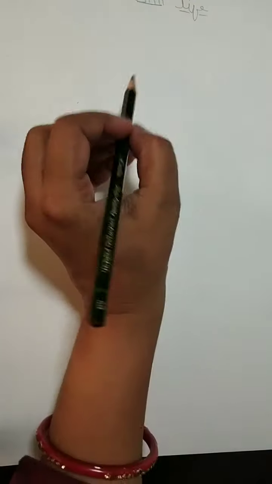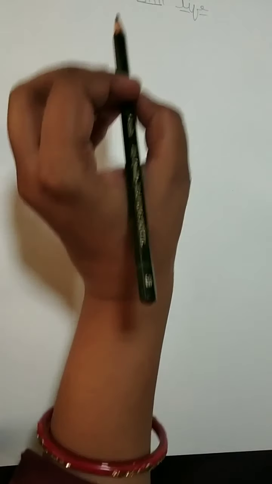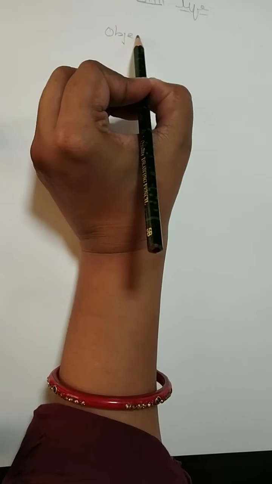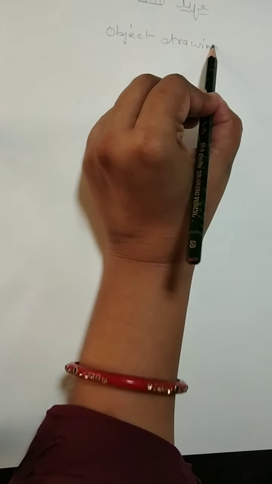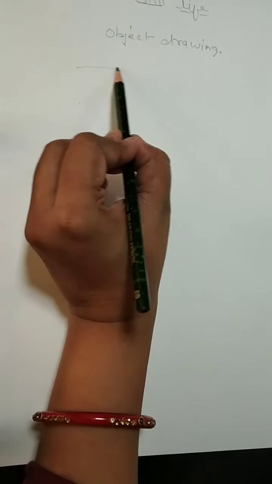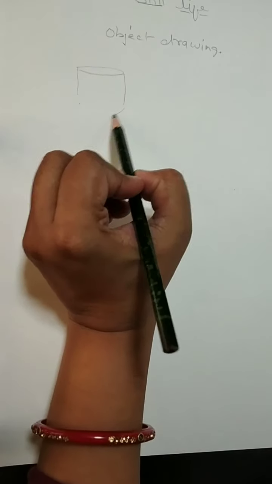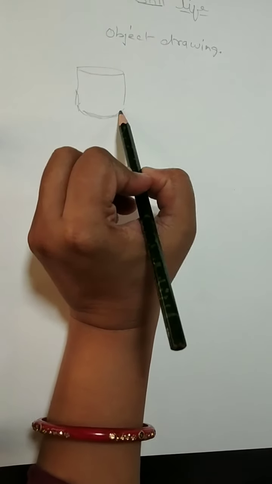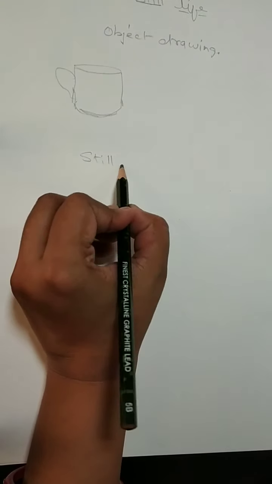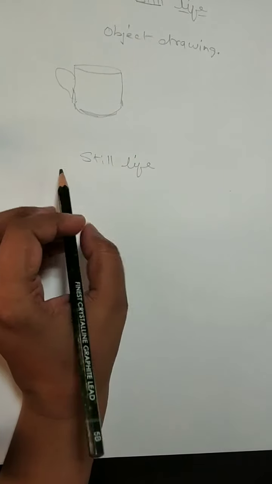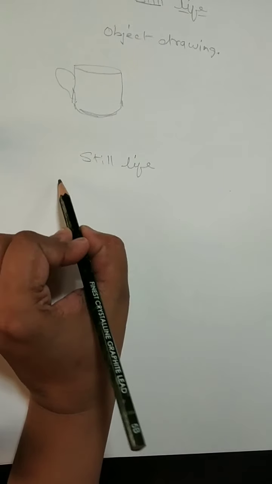In earlier classes you have learned about object drawing. Object drawing means only one object will be there. Okay, maybe like this. But in still life, there is a group of objects.